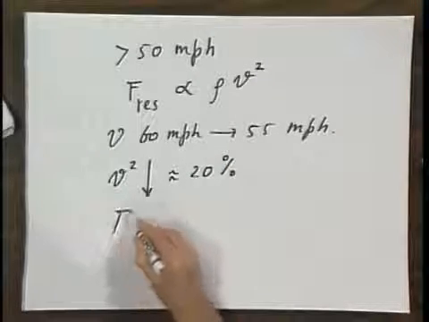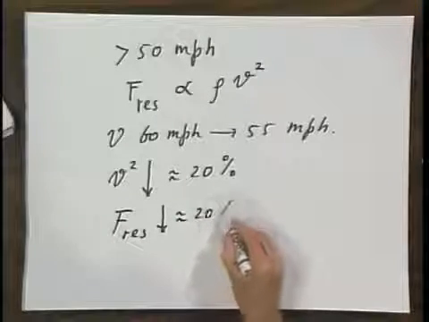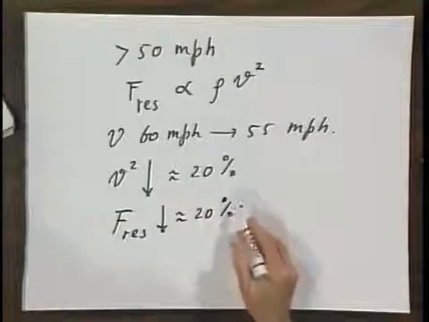So that means that the resistive force goes down by approximately 20%. So that means that the force that the engine has to generate to overcome this resistive force is also down by about 20%. Work is force times distance. So you can see that the work that has to be done by the engine is therefore 20% less. And so you save 20% fuel.